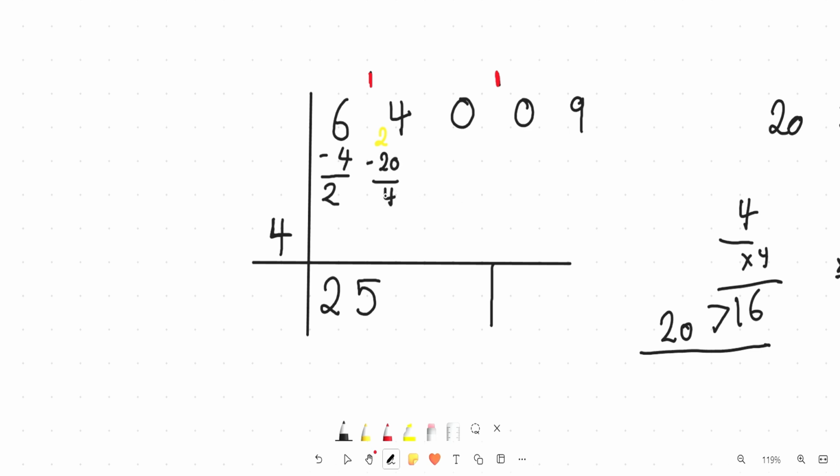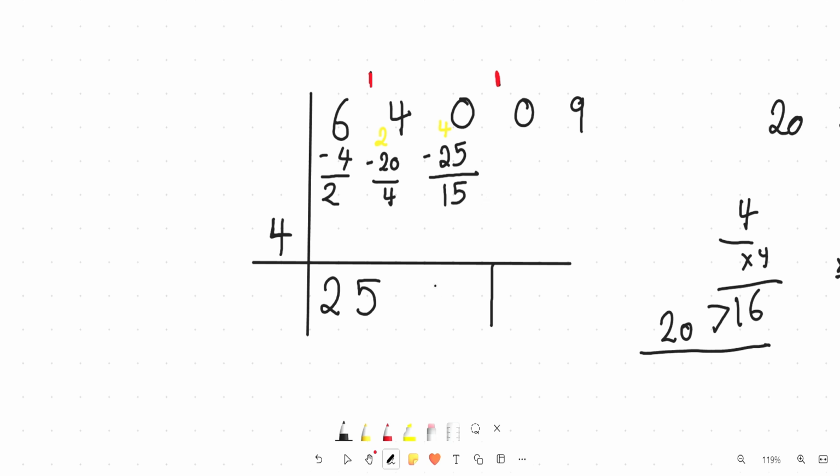Now this 4 goes as a carry over here. Okay, and our next step is to subtract the duplex of 5. And finally, we can subtract. The duplex of 5 is that, and 15 is our final answer.